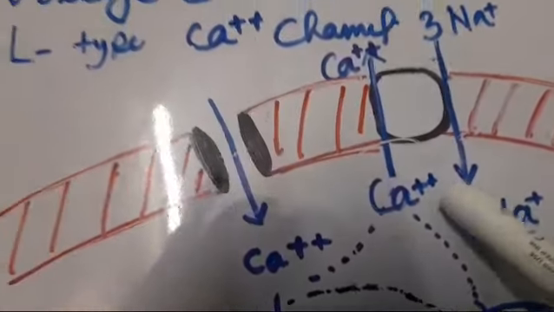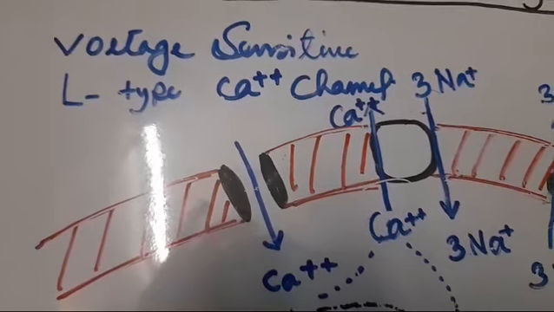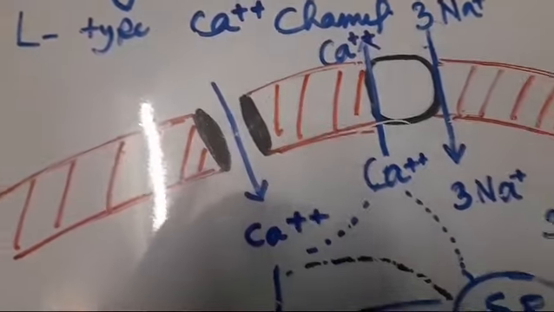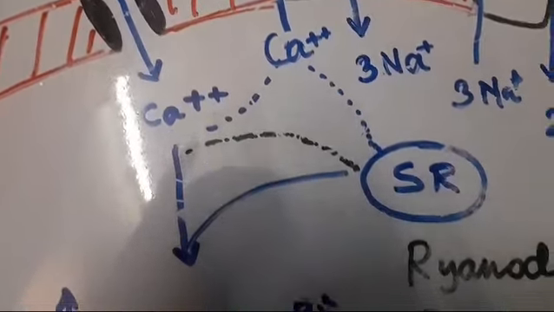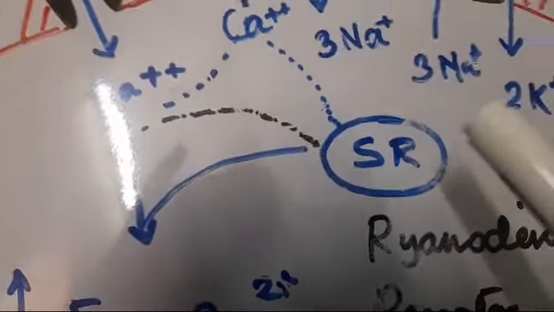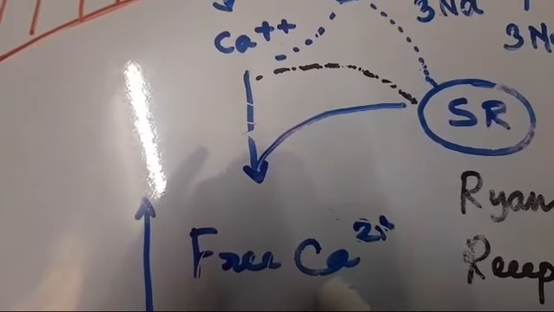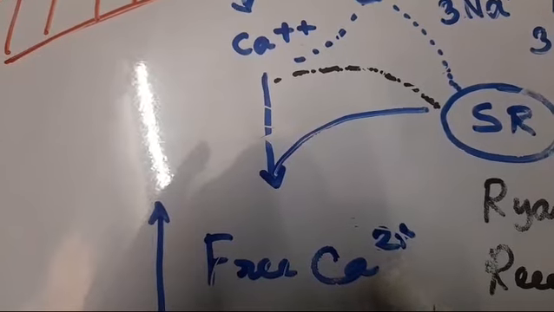Now this calcium causes stimulation of the voltage sensitive L-type calcium current, thereby there is more entry of calcium within the cell, and this calcium causes stimulation of the sarcoplasmic reticulum and thereby increases the free calcium within the cell. Now this calcium causes cardiac tissue contractility.